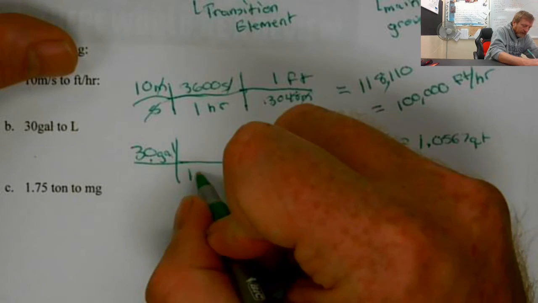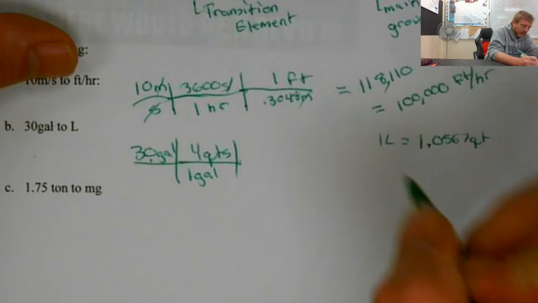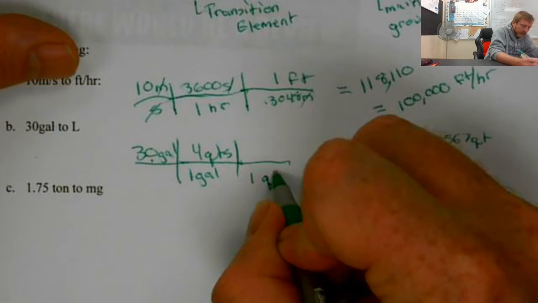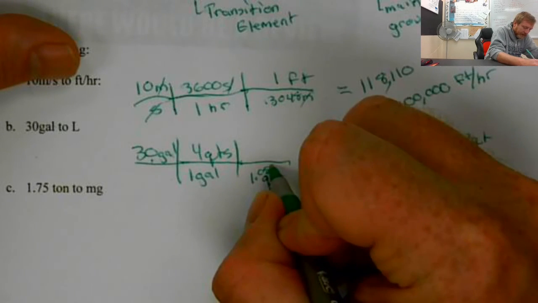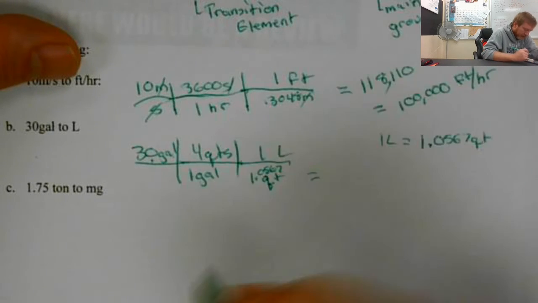In 1 gallon are 4 quarts. And for each 1.0567 quarts, there is 1 liter. That'll get me to liters.